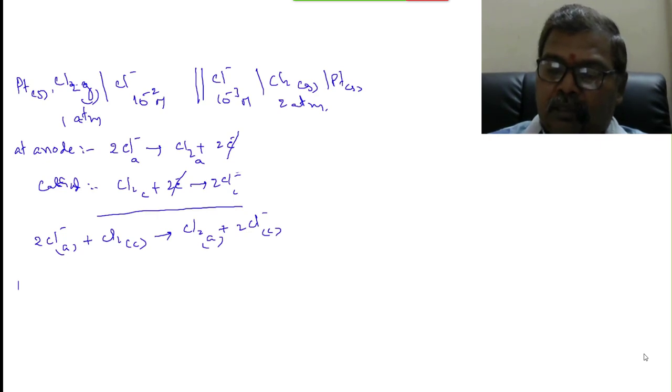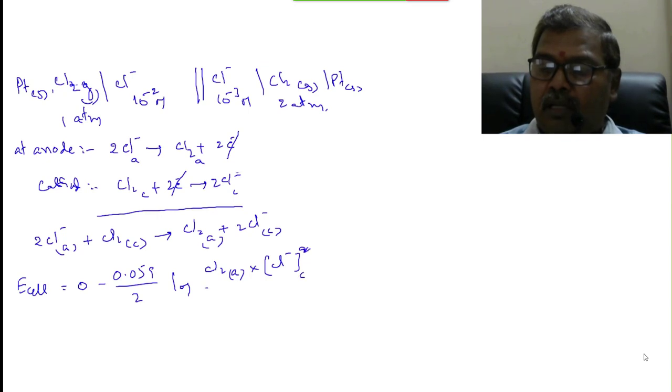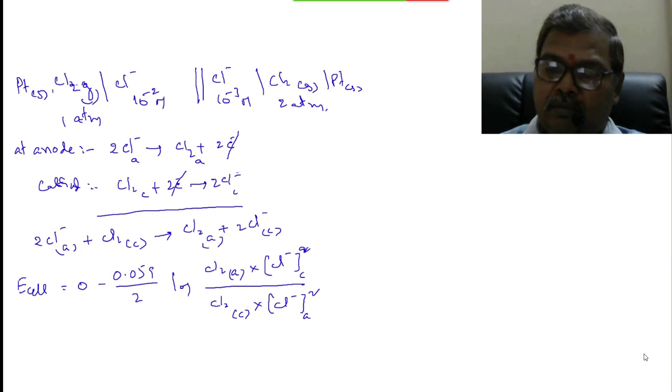Now, E cell is equal to E naught cell, which is 0, minus 0.059 by the number of electrons involved, times log of the product of concentrations: Cl2 gas in the anode half cell into Cl minus concentration square in the cathode half cell, by chlorine in the cathode half cell into Cl minus concentration in the anode half cell square.